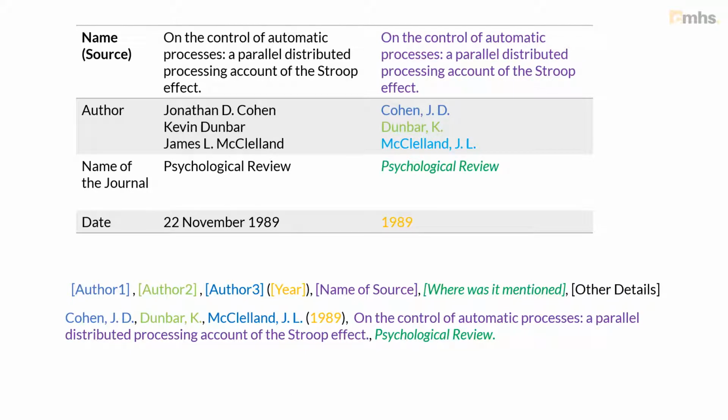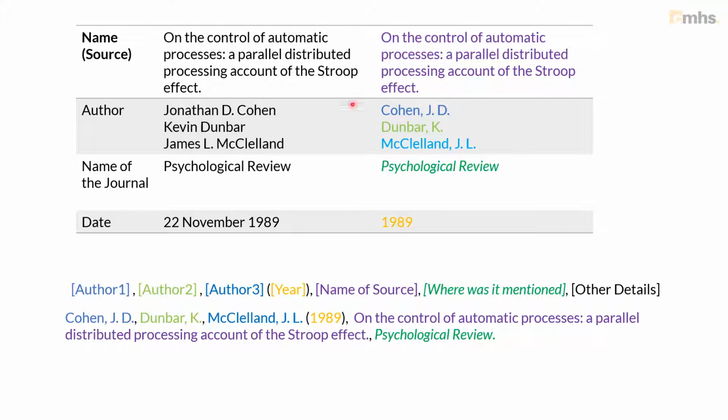Now let's convert it to an APA level reference that you add in the reference section, the last section of your document. The name of the document comes exactly as it is. The author, however, changes. There is a way that we write author names in APA. The name of the journal is the same. And for the date, usually we don't need the 22nd November, we just need the 1989.